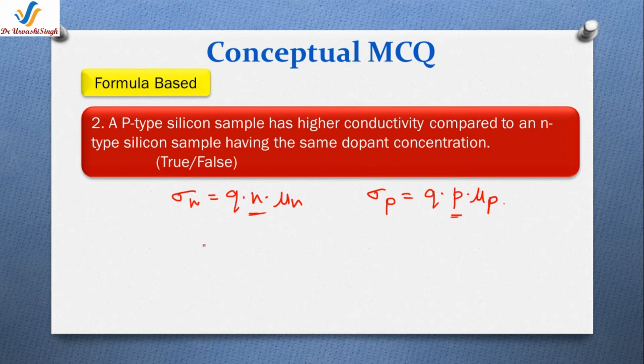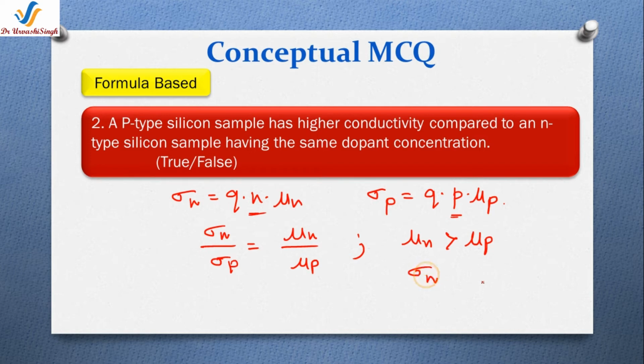So we can write that the ratio of sigma n and sigma p is mu n over mu p. As we know that the mobility of electrons is greater than the mobility of holes, which clearly shows that the conductivity of n-type material will be greater than that of p-type material. So this answer is false.